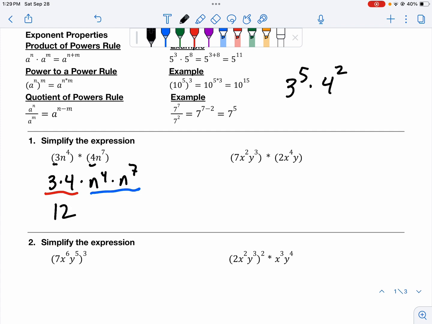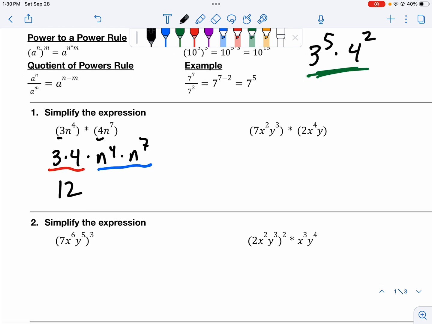And it's okay to just do that. If you look over here at what I have written up here, the 3 to the 5th times the 4 to the 2nd, we can't make that 12 to the 7th because those aren't the same bases. But when we have an exponent of 1, we can just multiply them like we've always multiplied. And then with the n to the 4th, n to the 7th, still think about our expanded form and condensed form. If we were to expand that all out, I'd have 4 n's, and then I would have 7 n's, so I have 11 n's.